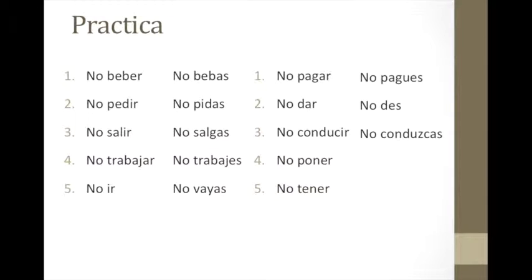We're actually going to end up with no conduzcas, don't drive. Don't put, no poner. We're going to start with yo, which is yo pongo. Drop the O, and opposite ending for an ER verb is as, no pongas. Tener, yo tengo, start with yo. Flip the ending, no tengas.